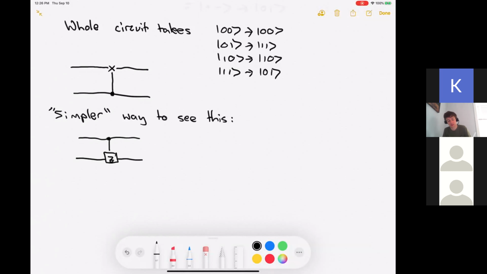Okay, so what does this do? Take 0, 0 to 0, 0, obviously. 0, 1 to 0, 1. So the control qubit's in state 0. Then nothing happens. 1, 0. It applies the Z gate, but the Z gate doesn't do anything to 0, so that stays as 1, 0. Finally, 1, 1 goes to minus 1, 1.